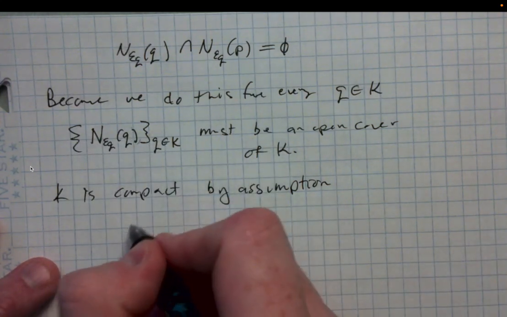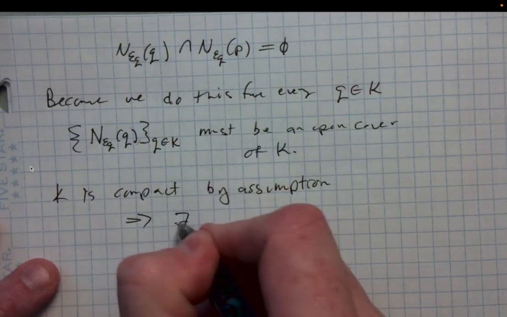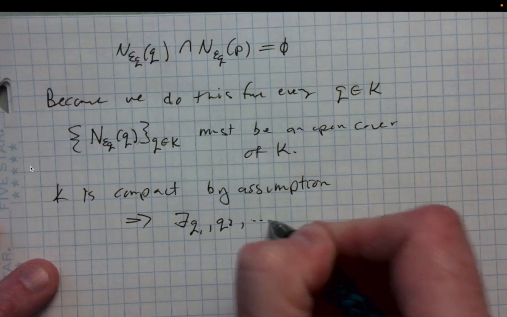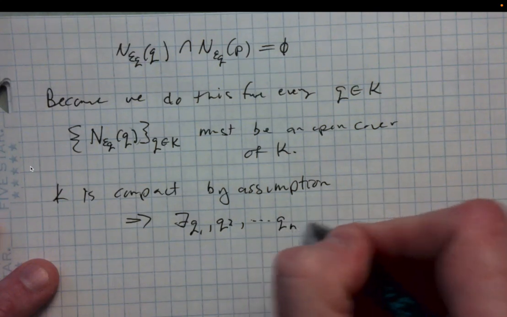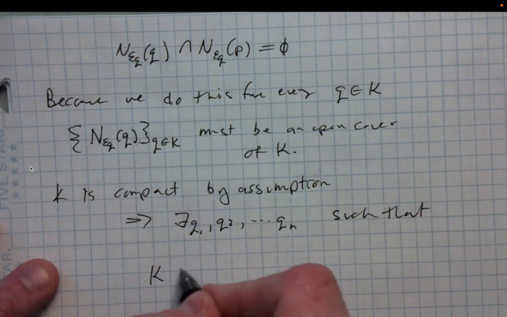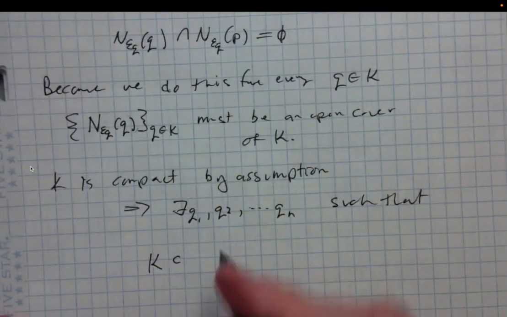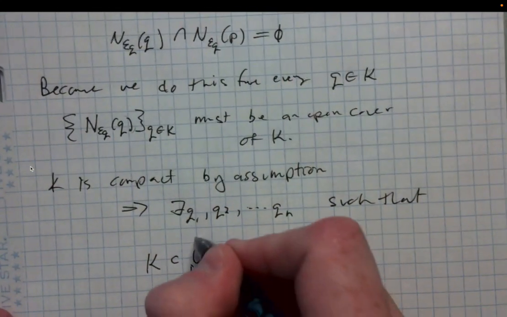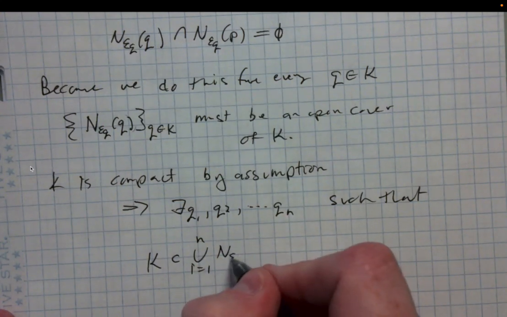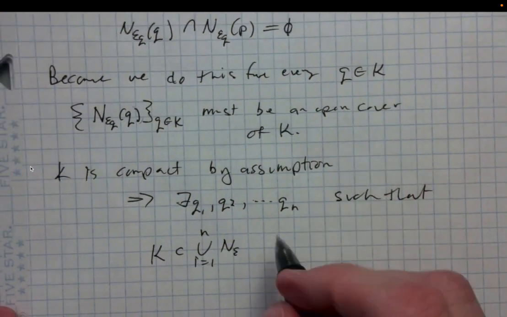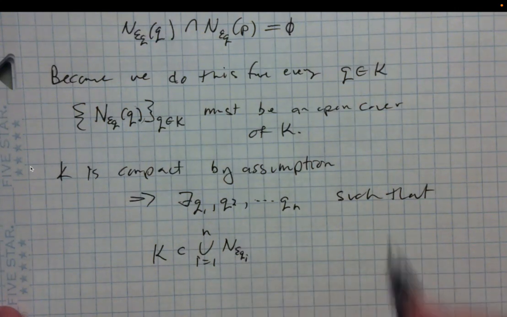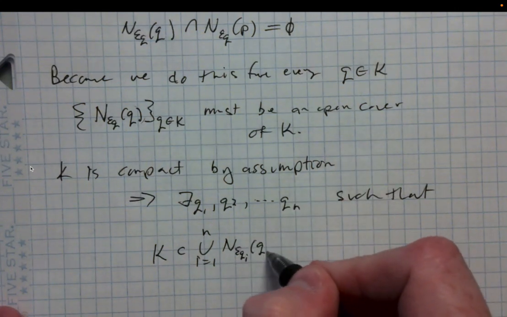And so by assumption, this implies that there exist Q1, Q2, ..., Qn such that K is a subset of the union from i equals 1 up to n of the epsilon neighborhood of Q sub i. Now the notation's getting a little crazy here, but just stick with me.